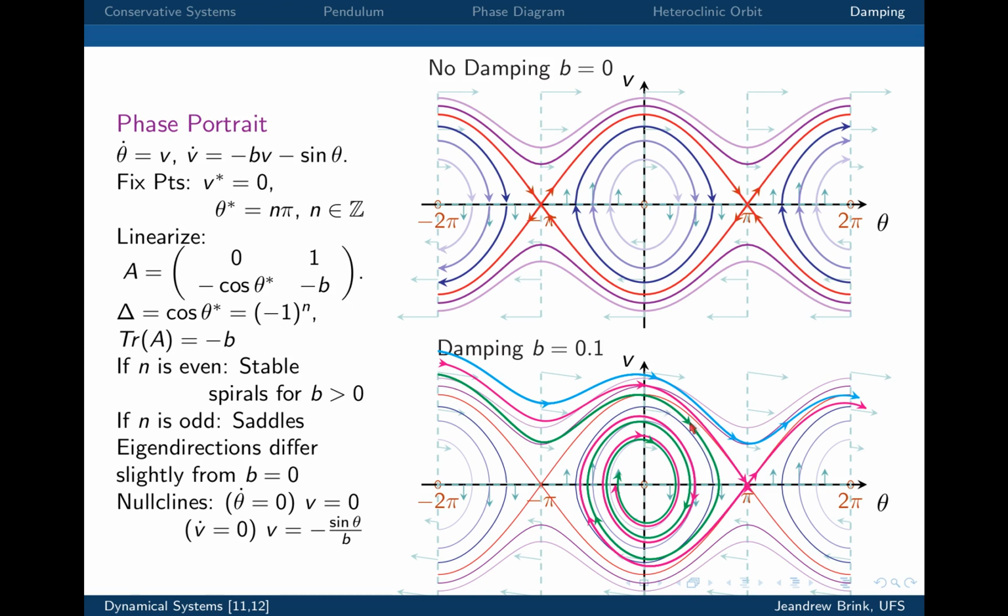The saddle connection in these systems that you perturb off of a potential of a conservative system is crucially important. The centers either become stable spirals or unstable spirals, but the saddle is going to dictate which spiral a solution chooses to go into.